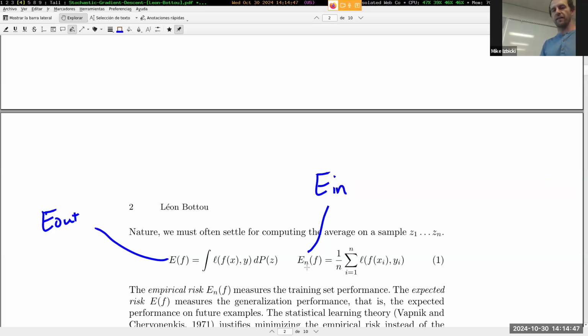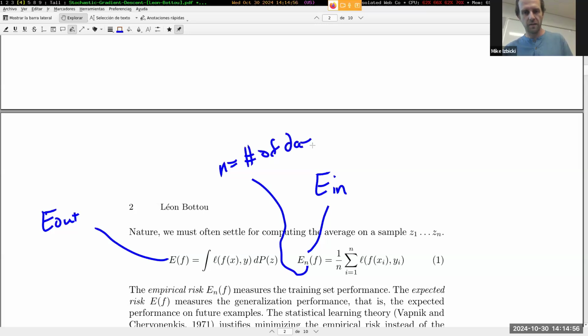So this n is the number of data points. That n is the number of data points. And again, just a cute notation pun that it's pronounced the same as E in sample error.